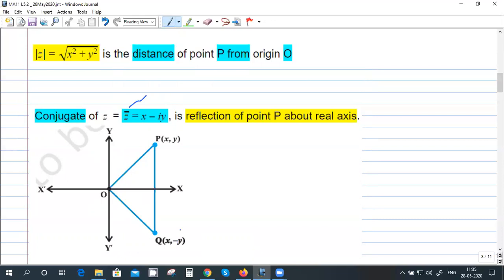If P is the complex number z, then Q is the complex conjugate z bar. Suppose this angle is theta, what is the other angle? Theta. If you give the direction, it will be minus theta, because it's in the clockwise direction.